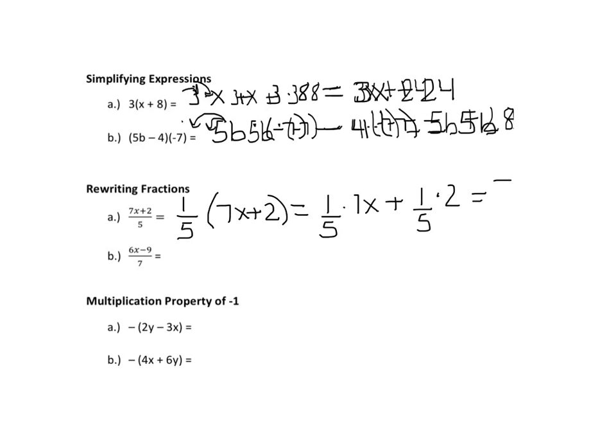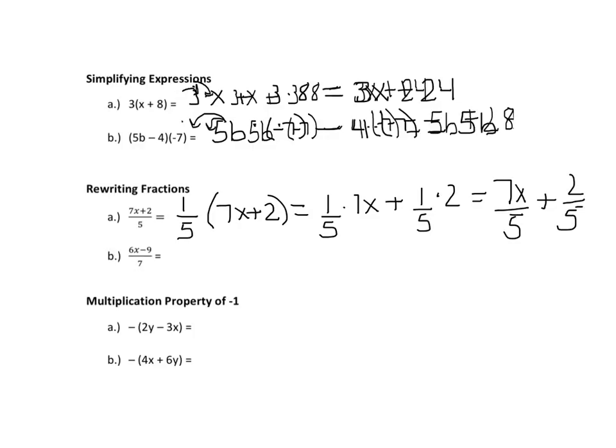So I end up with 7x over 5 plus 2 over 5. So we just took the original fraction and rewrote it. And I want you to take notice that all we really did was separate the top two numbers, and the denominator is still 5 for both of them.